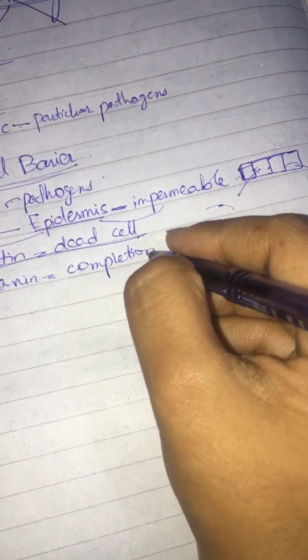And we also have melanin, which depends on the complexion of our body. Some people have a very dark color, some have a fair color, and that is because of the melanin secretions in our body. Complexion depends on this melanin.